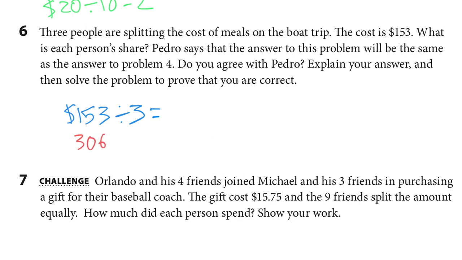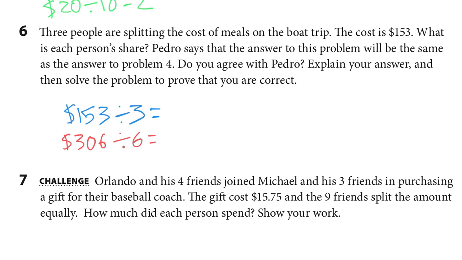306 divided by 6. Well, I actually see a relationship between these two numbers. What I see is that 153 is half of 306. 3 is half of 6. Wow, so should I get the same answer?